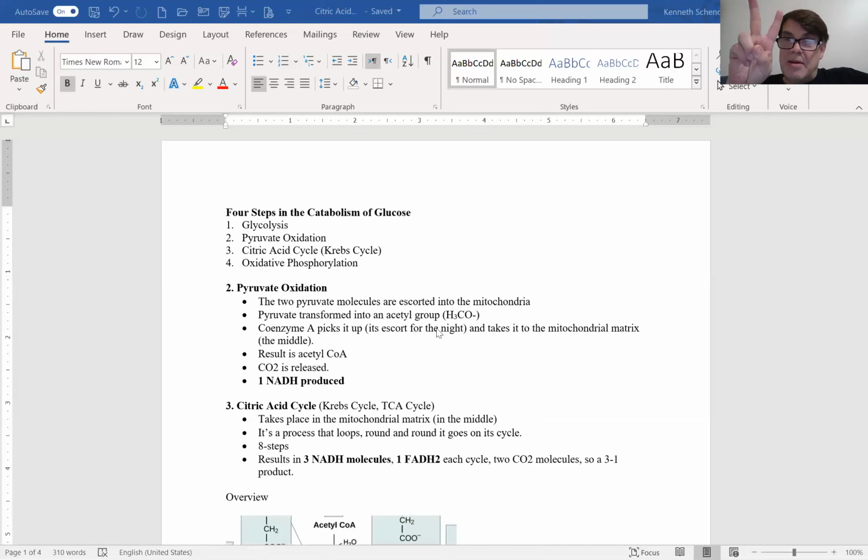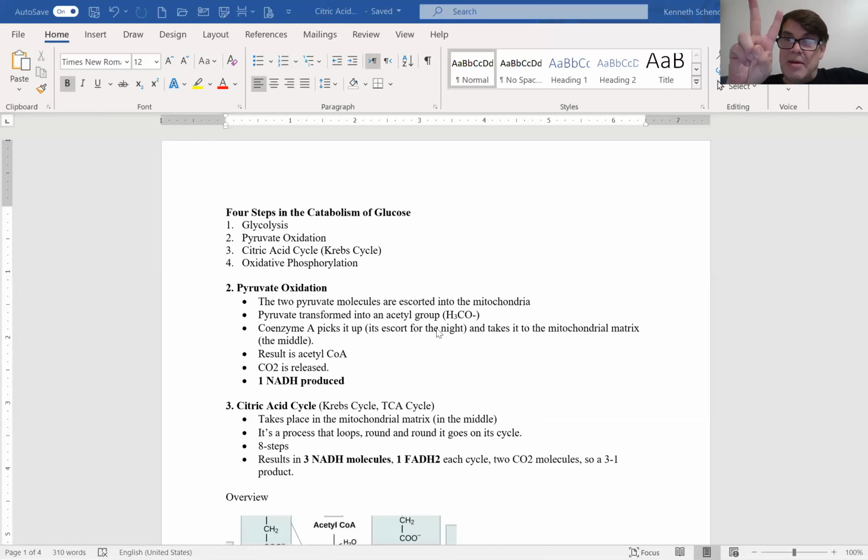Coenzyme A, I'm here to take you to the mitochondrion for our date in the matrix. And so coenzyme A picks up the acetyl group, and the result is acetyl-CoA. It's very embarrassing because the date farts out a CO2. Oh, excuse me. But they go on the date anyway. And one NADH is produced in this process.